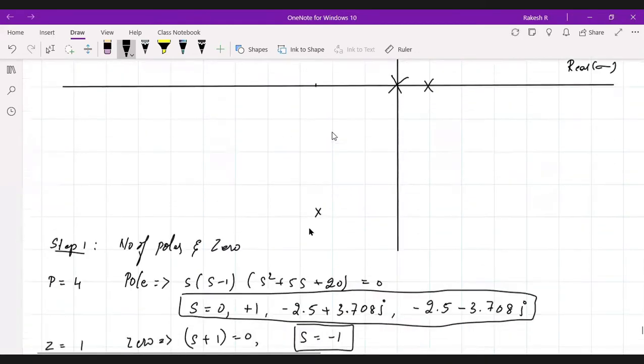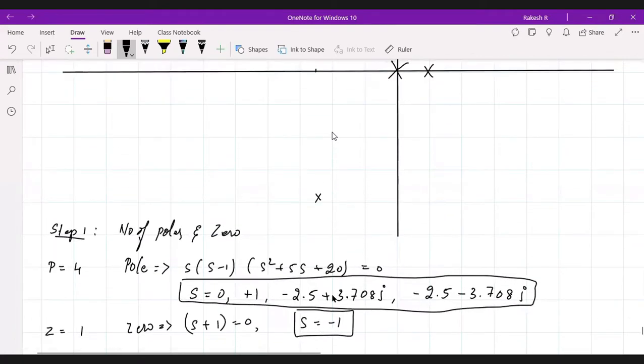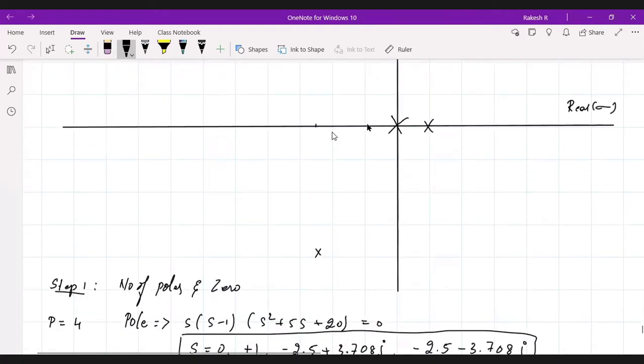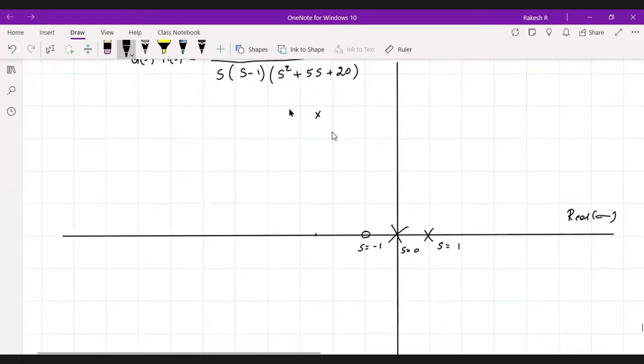Next we need to find out the zero. Zero is minus 1, right? This is the zero part, this is minus 1. So I'll be writing s is equals to plus 1 and s is equals to 0 and s is equals to minus 1, and here I'll be having s is equals to plus 2.5 minus 3.708 j.